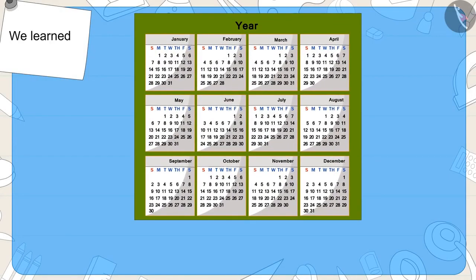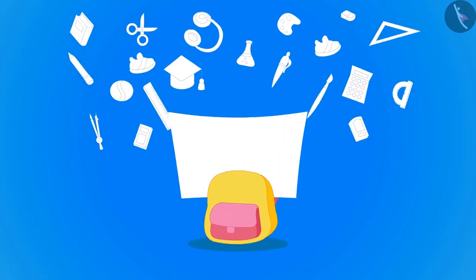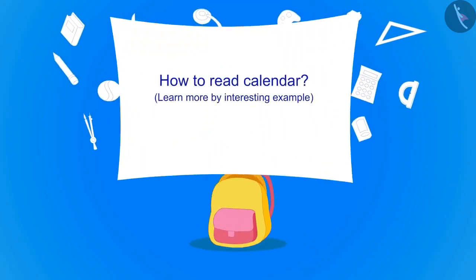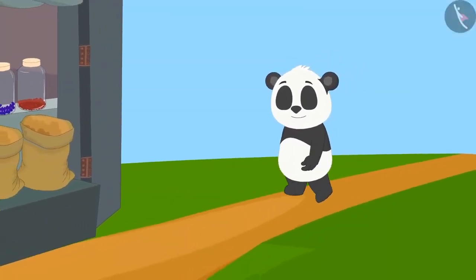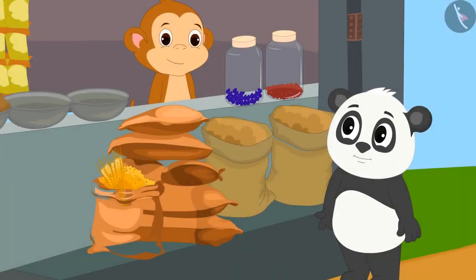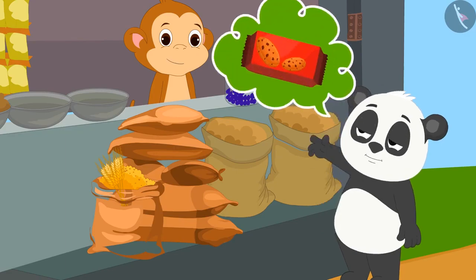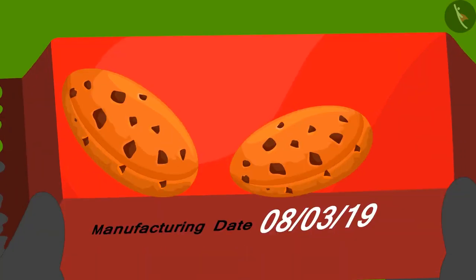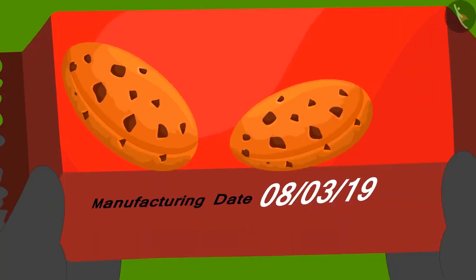Hello kids! In the previous video, we learned about the calendar. In this video, we will learn more about this. Golu has come to a marketplace to buy biscuits today. When he bought a pack of biscuits from the shopkeeper, he saw that some numbers were written on it.